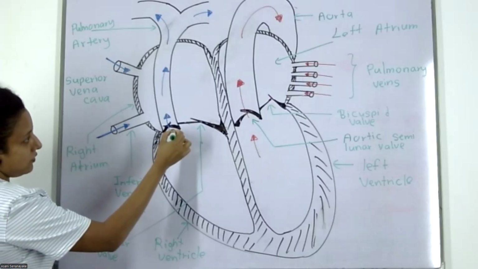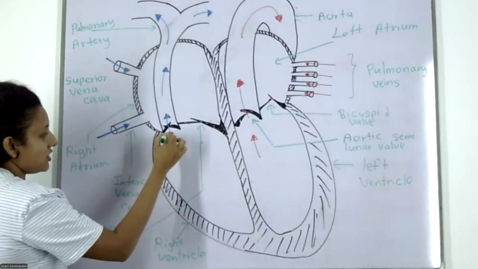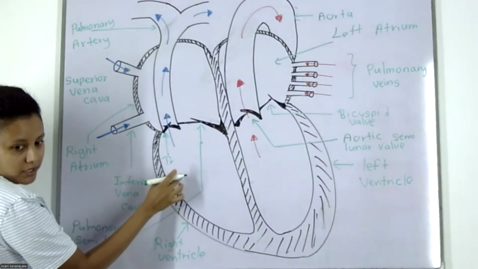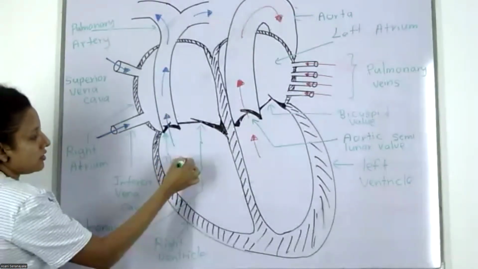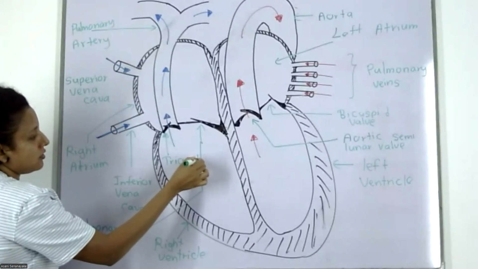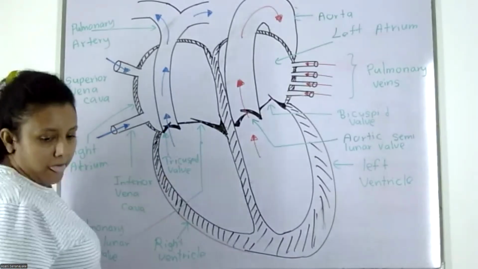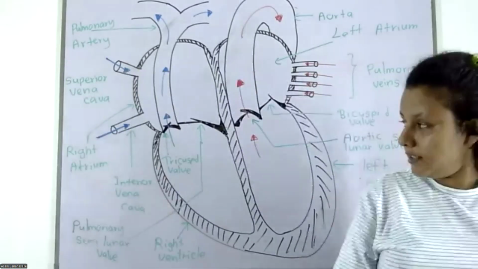On this one, I will label. This one, I label just here. I don't label on the diagram itself because I don't have space here. Okay, is it clear?